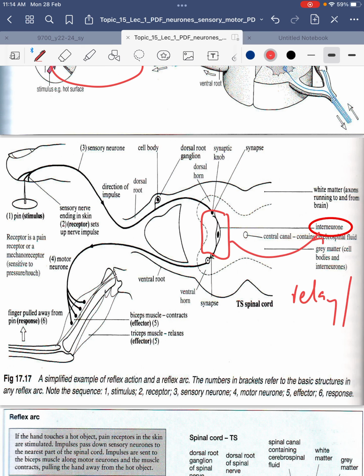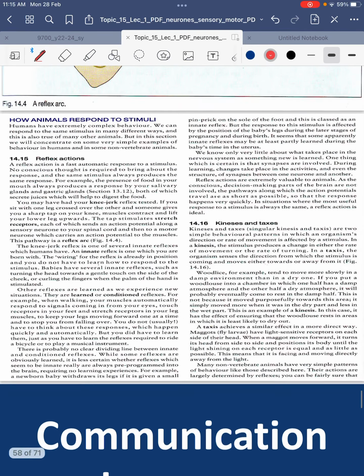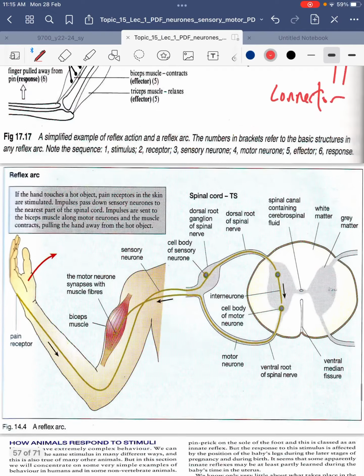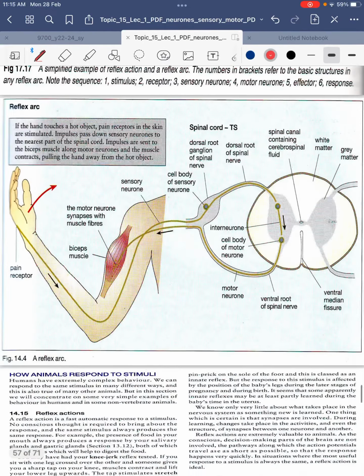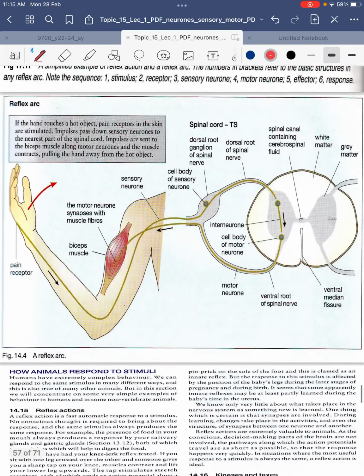So it can be a pain receptor, pressure receptor, or heat receptor. Many types of receptor. So this is what is meant by the reflex arc. A reflex arc is something that you cannot control.